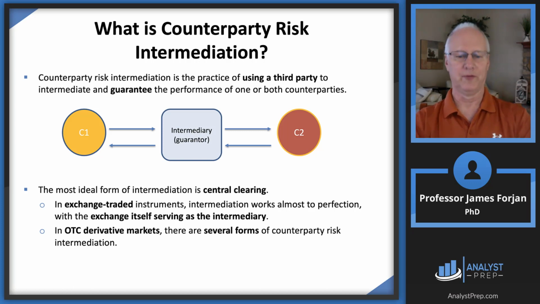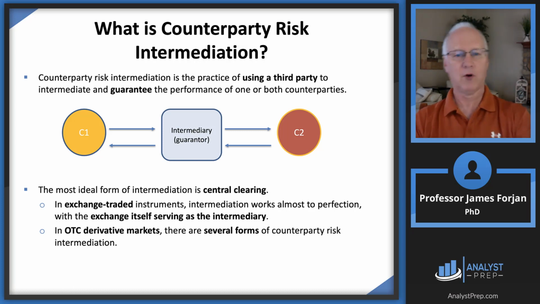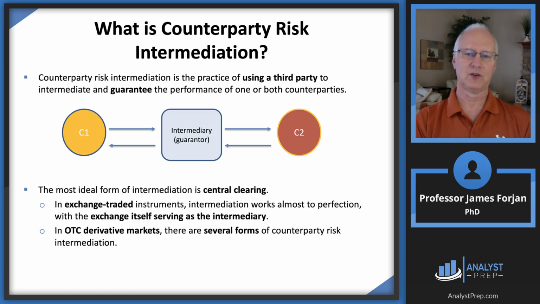Well, it's a lot easier if we just bring somebody who sits in the middle of the table and talks to you separately and talks to me separately. And of course, we're talking through this intermediary. This is the idea of intermediation and central clearing. So notice down at the first circle point, if we're talking about the Chicago Mercantile Exchange or any of these exchange-traded derivative institutions, then this intermediation works really well because the exchange itself serves as the intermediary.